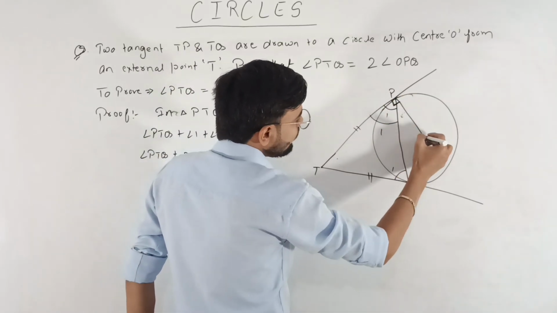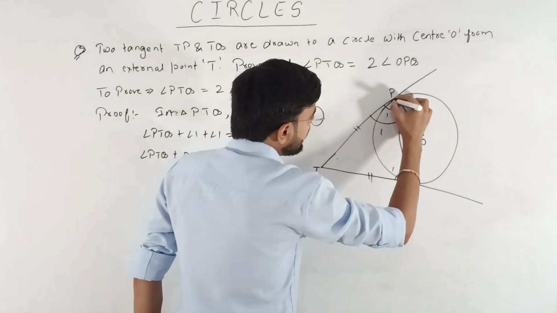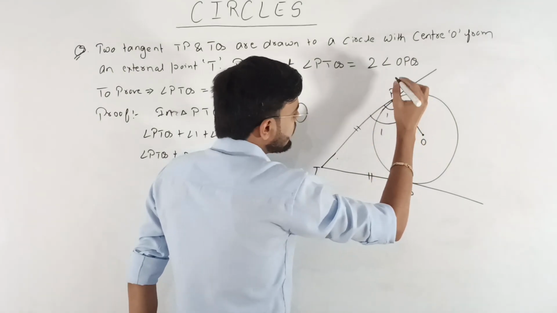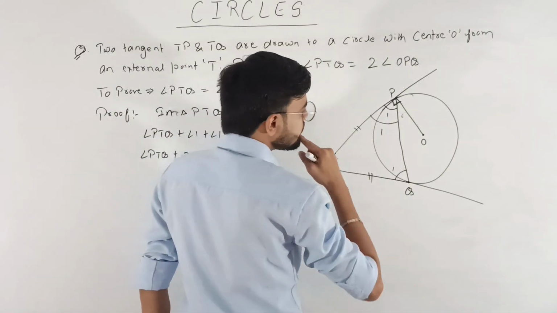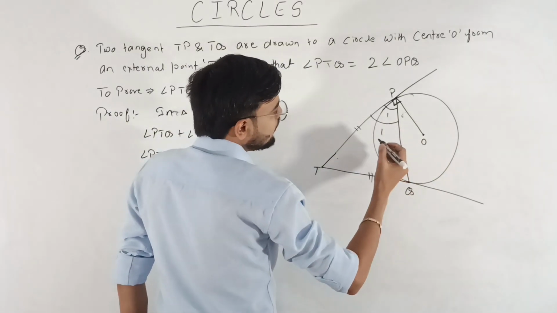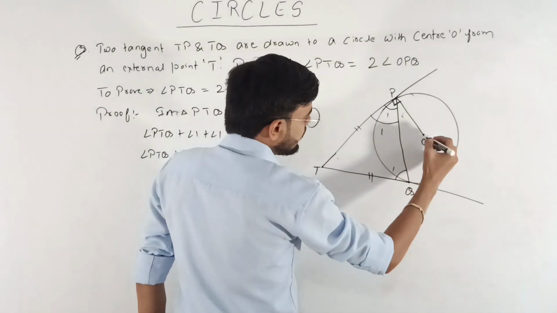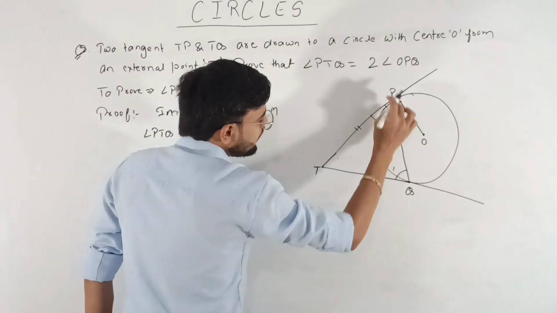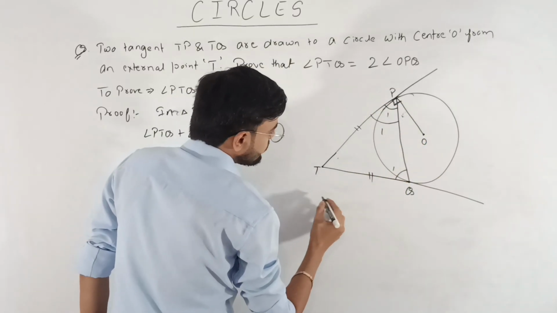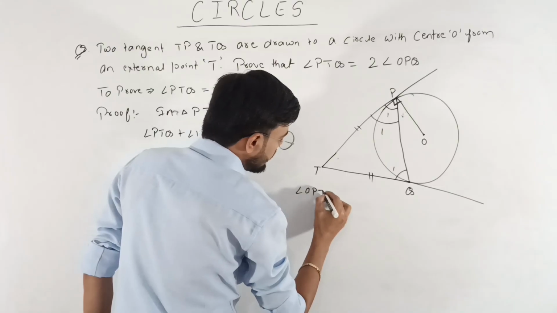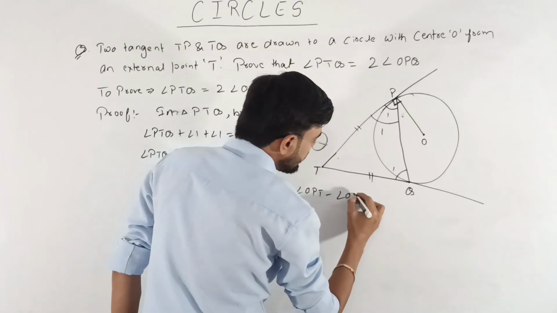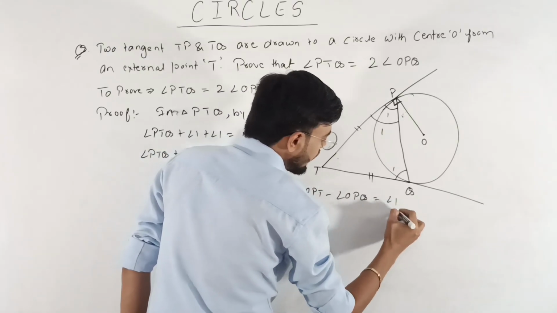That's why this angle OPT is 90 degrees. So how do I find angle 1? If I subtract angle OPQ from OPT, angle OPT minus angle OPQ, then we get angle 1.